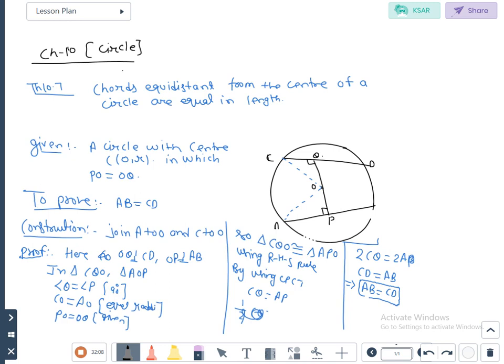After that you will complete exercise 10.1, 10.2, 10.3 and the questions which you understand of 10.4 also. Till 10.4, all questions are based on that theorem, the applications of these theorems.